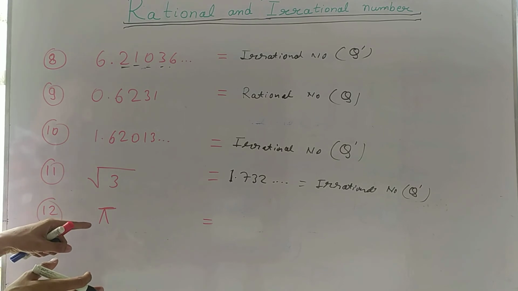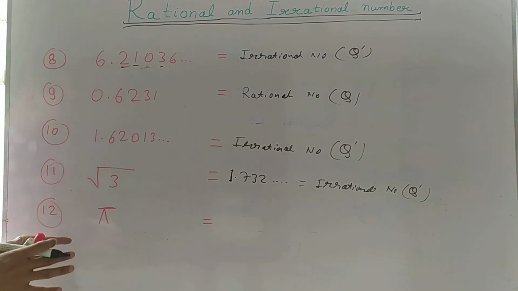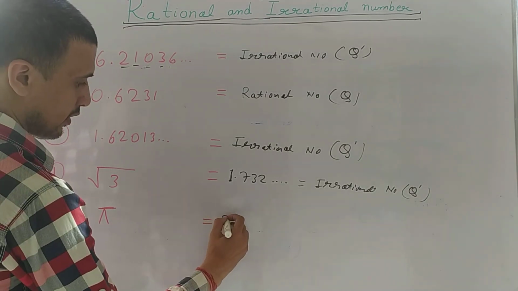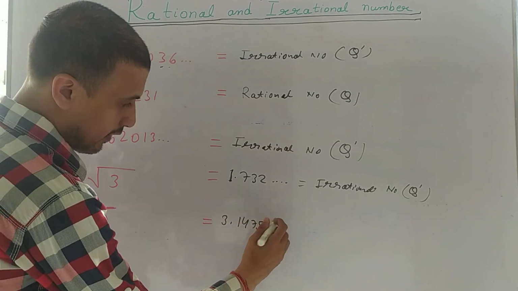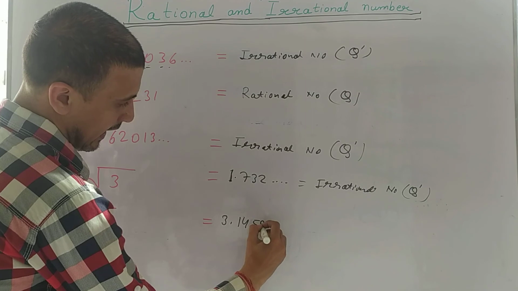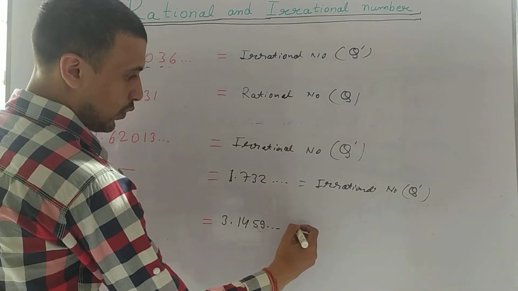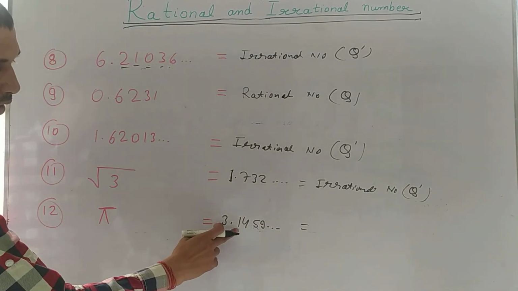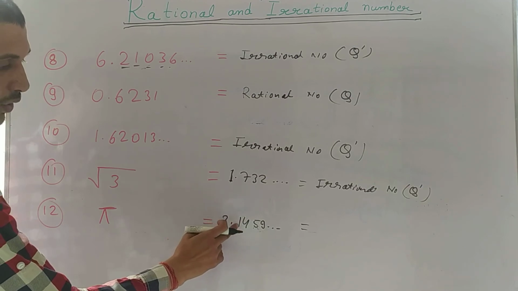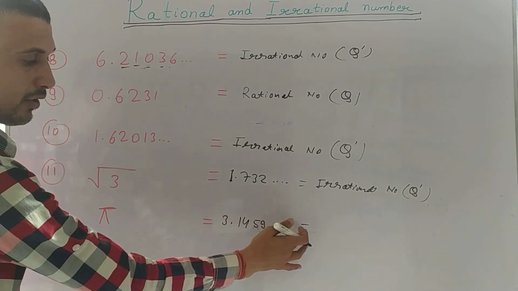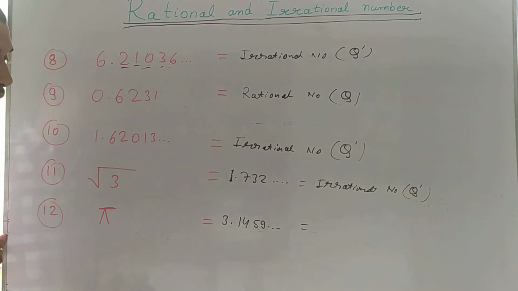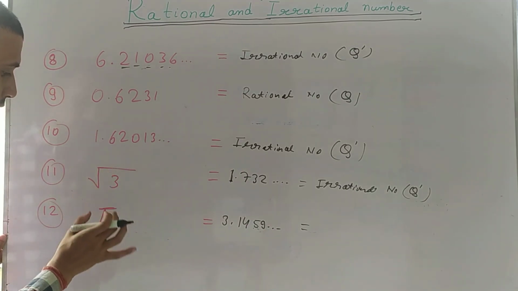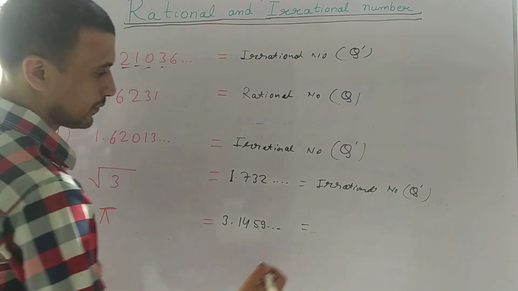This is called pi. And do you know the value of pi? The value of pi is 3.1415 and so on. So it means non-terminating and non-repeating, so this is also an irrational number.